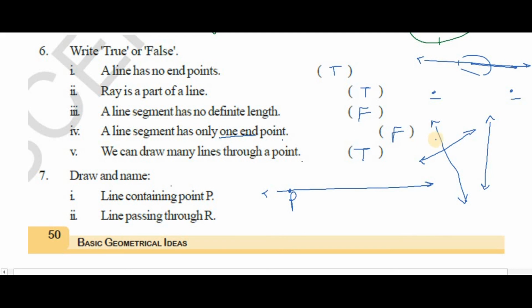If you want to draw even this one, all are correct. Somewhere you should keep a point and write that alphabet as P, because he asked here P. Now line passing through R. So that means this line should pass through R. So P is one line and R is going to pass through that line P.